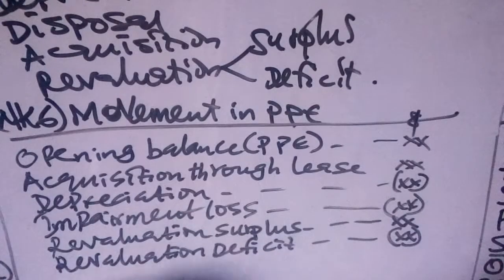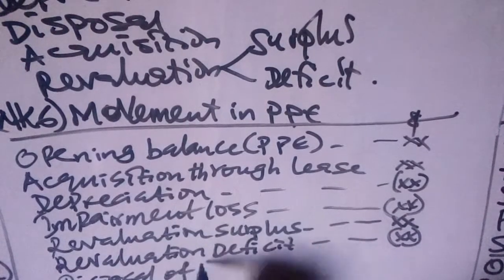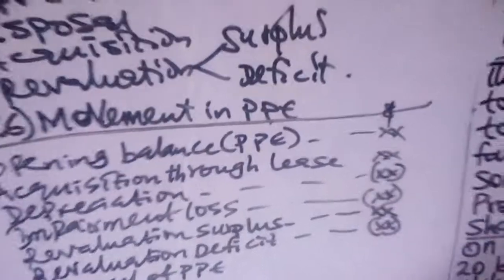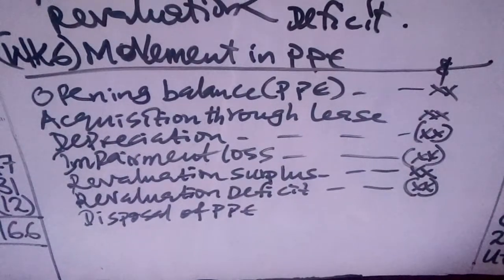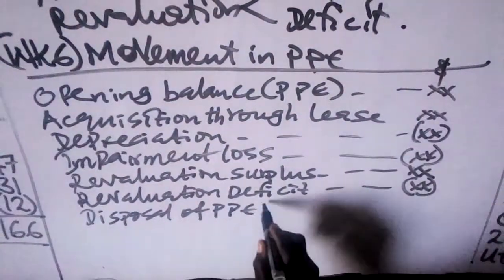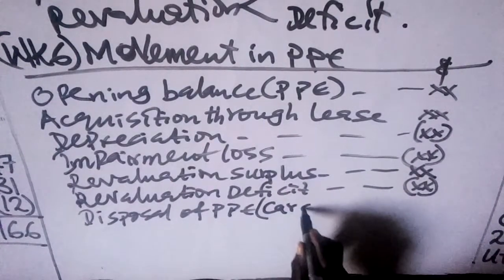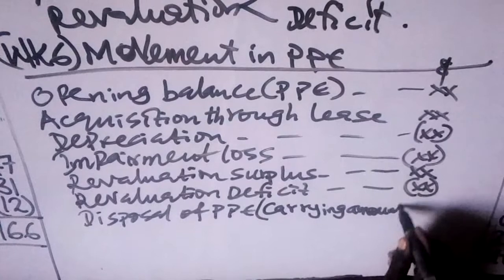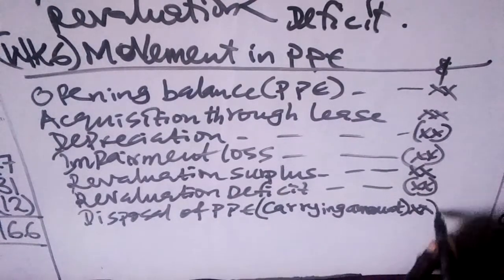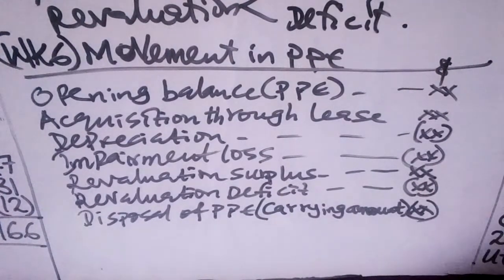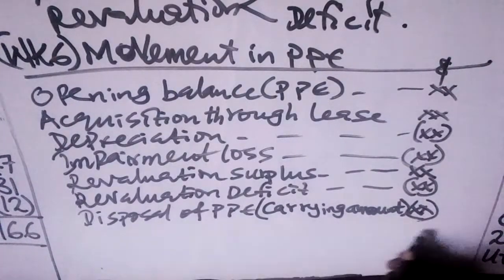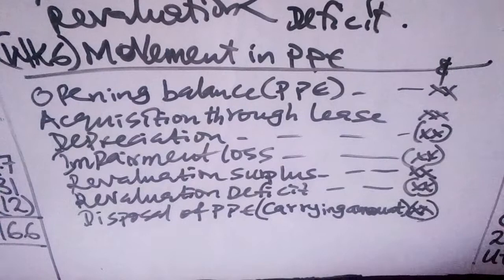Then disposal of PPE. Where PPE are disposed, PPE will reduce, but it is the carrying amount. Remember, carrying amount is cost less accumulated depreciation to the date of disposal. So you subtract the carrying amount of PPE disposed.